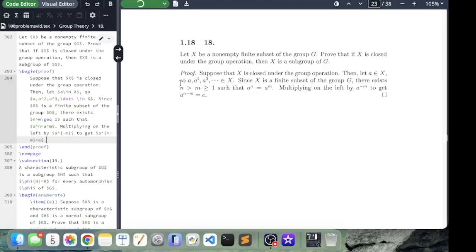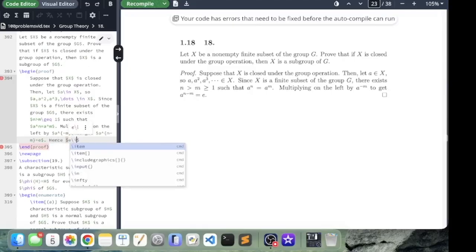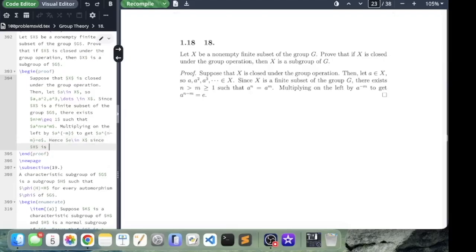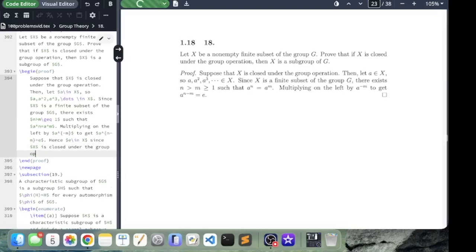And since n is strictly greater than m, we know that n minus m is greater than or equal to 1. Hence, this is just a operated with itself to some power. Hence, the identity is in X, since X is closed under the group operation.